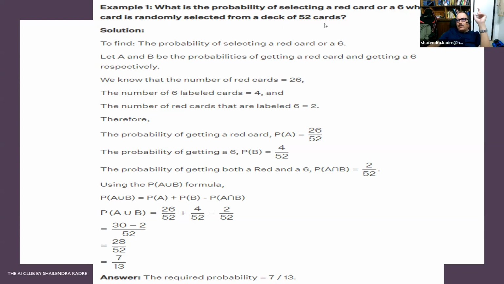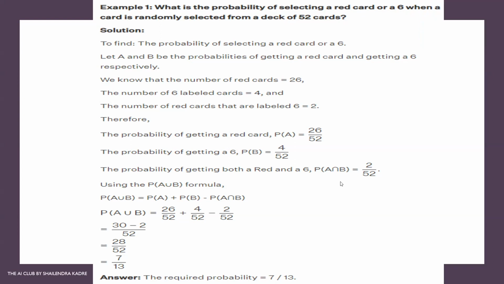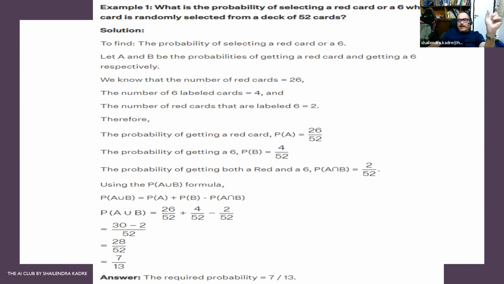A card deck has 52 cards, and you have to find the probability of selecting a red card or a number 6. It is "or", right? Or means union.